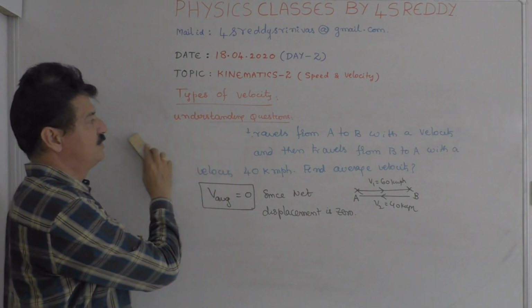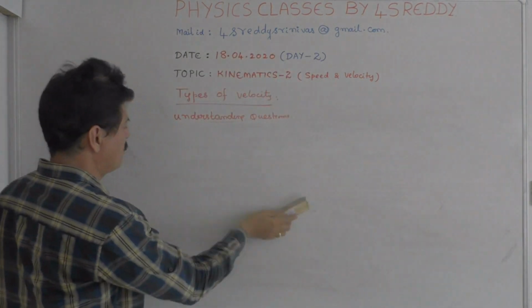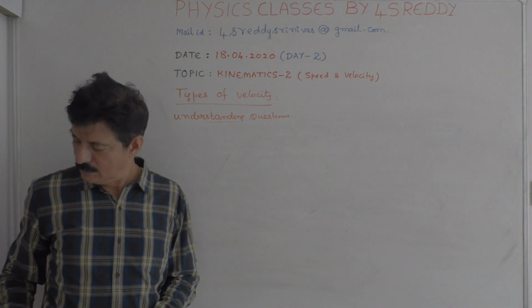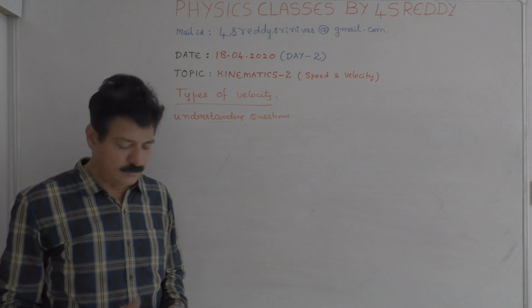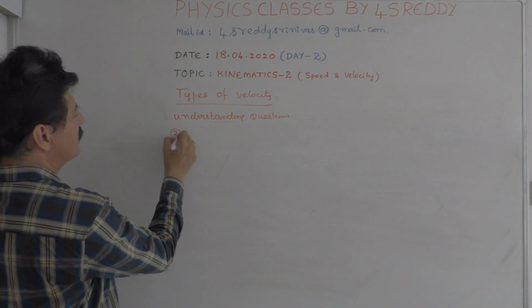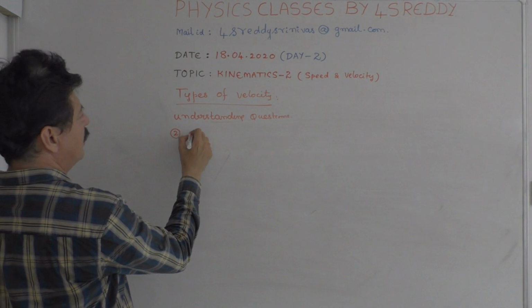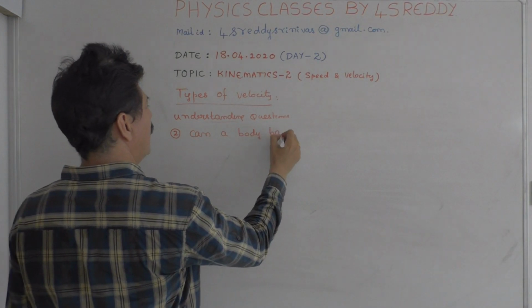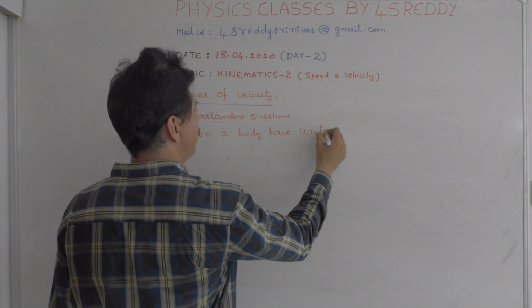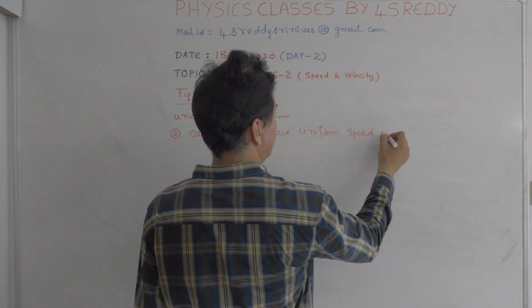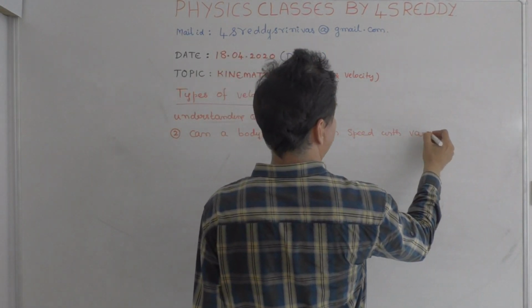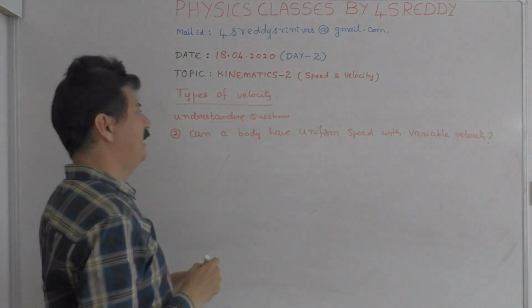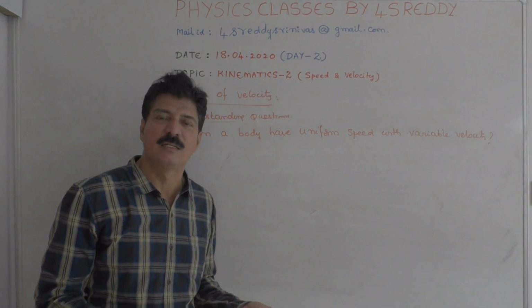The second question: can a body have uniform speed with variable velocity?